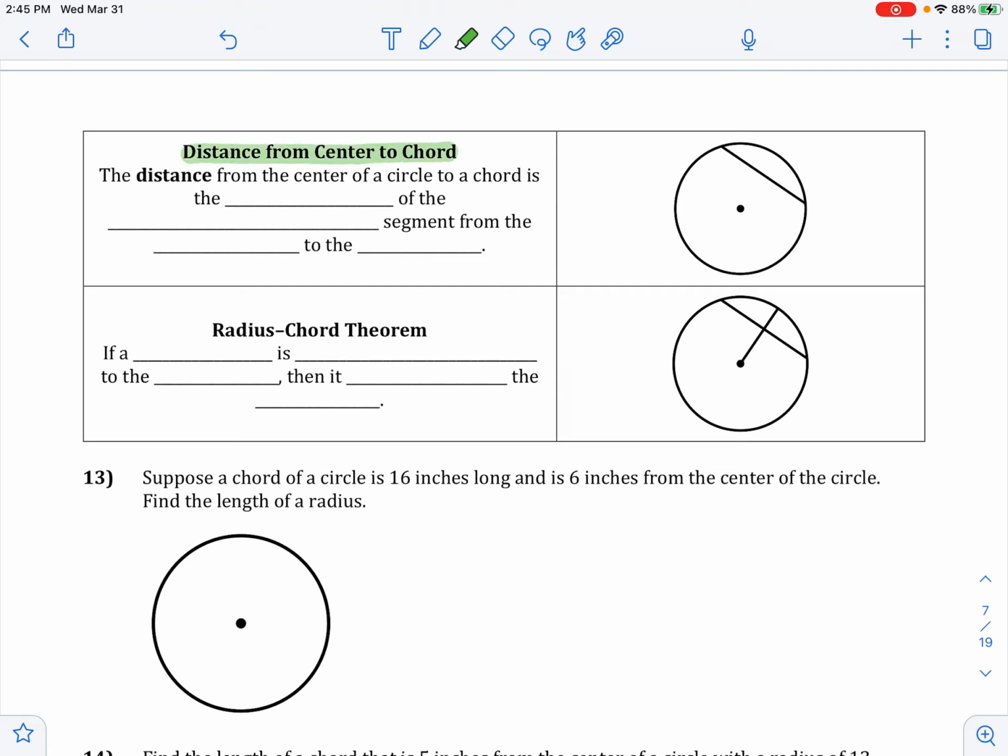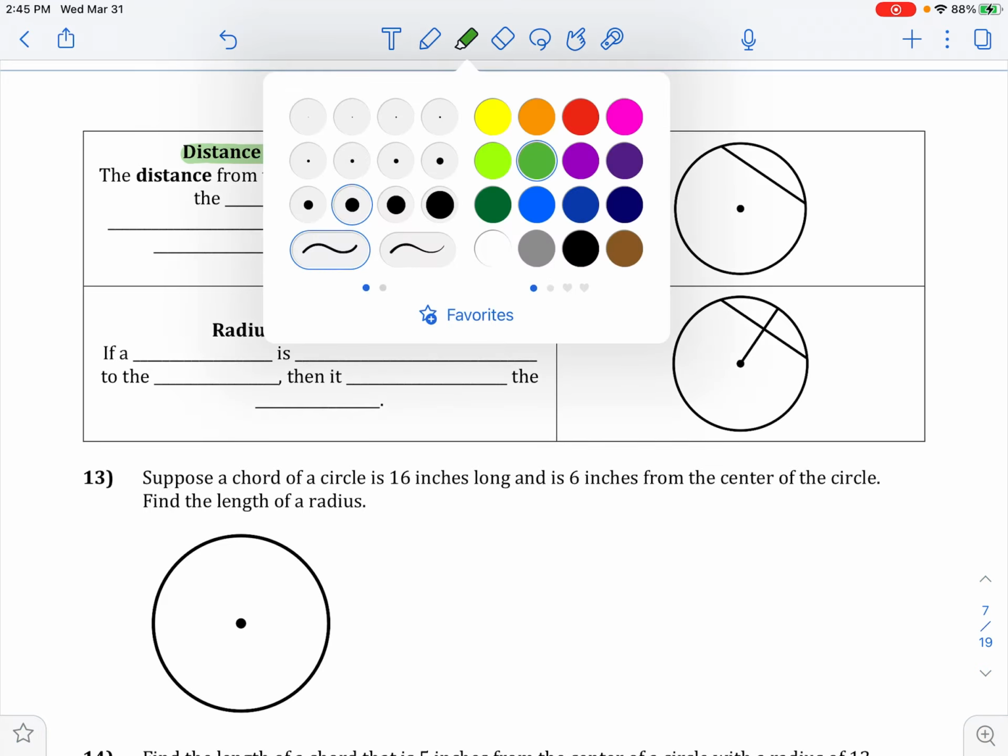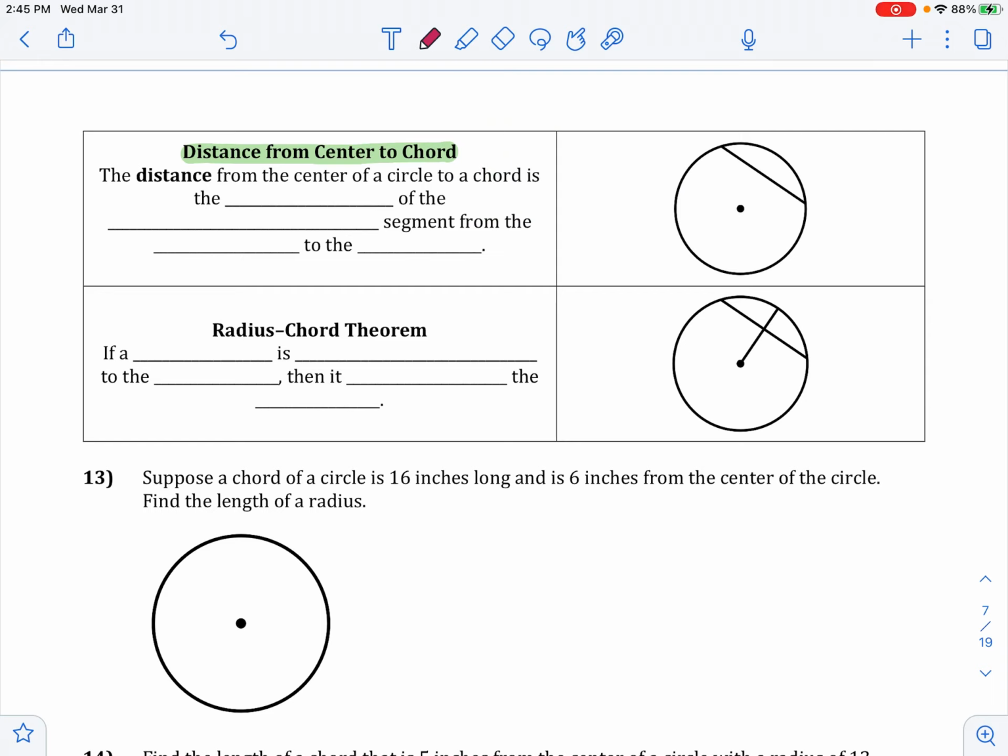The distance from the center of a circle to a chord is the length of the perpendicular segment. It's the length of this segment right here that forms a perpendicular. That's what we call the distance. Because you can draw a segment from the center to that chord in a lot of places. You could draw it there, you could draw it there. But those are not considered the distances.